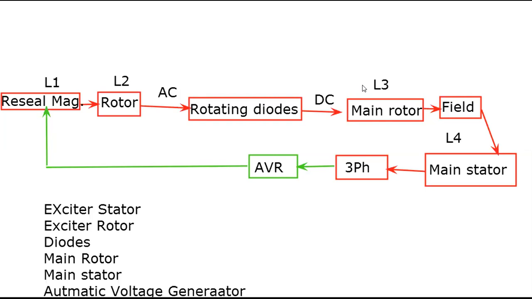Any generator is constructed from these main six parts, and any problem you can find is in these. I will send the file to you on how to test that.